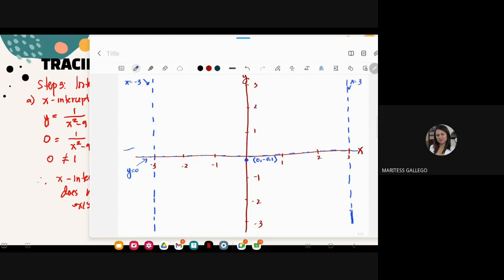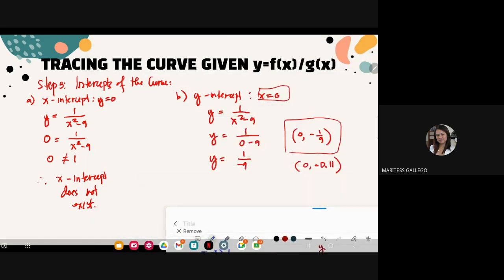Pag nandito na siya, anong nangyayari sa curve? At above 3, ano rin nangyayari sa curve? So may 3 part tayo na iti-trace. So start muna natin siya if x is greater than 3. Okay? Magkakaroon tayo ng values.